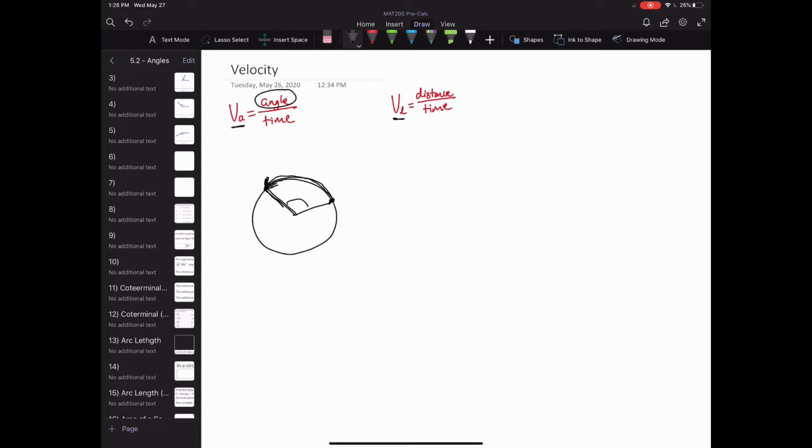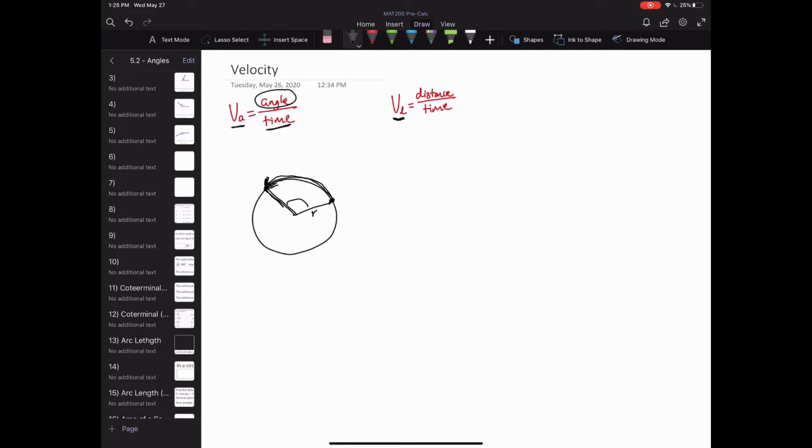So you know the angle, how much that object moved, and maybe you know the radius as well. And if you know the time, then you could figure out the angular velocity. In other words, it's really the speed. And you could think about speed in the same way that you could think about linear velocity.